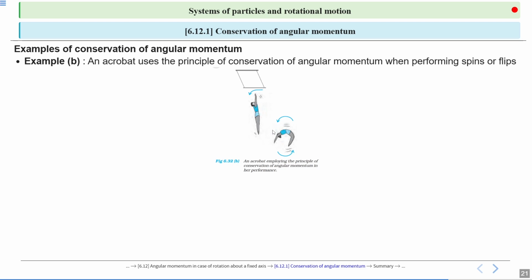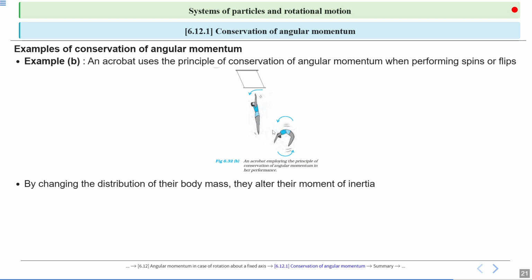When the acrobat jumps into the air and curls up, what happens? Think about it. Their body becomes compact, so we can say moment of inertia decreases. All right.